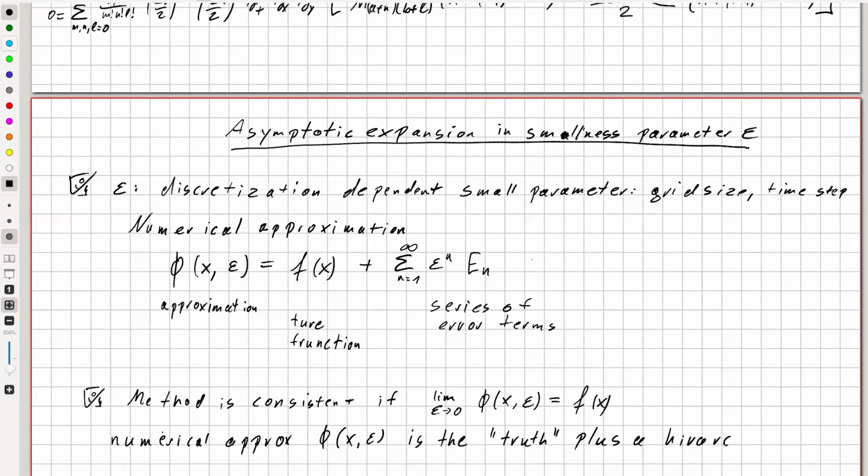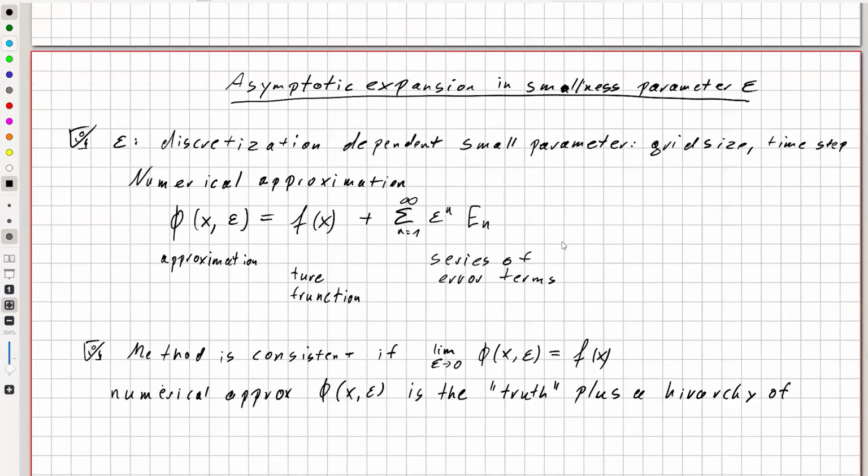Now we are assuming that we can write the error in this hierarchy, otherwise it doesn't work. Hierarchy of error terms, and these error terms are separated by powers of epsilon.